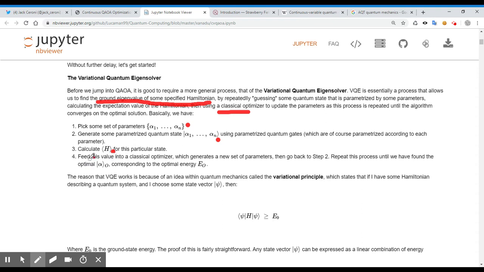Feed this value into a classical optimizer, which then generates a new set of parameters. Then go back to step 2, repeat the process until we have found the optimal state, I guess the ground state, corresponding to the optimal energy.